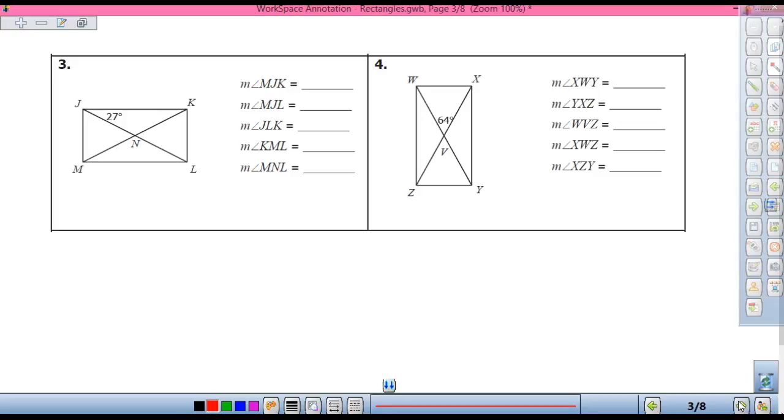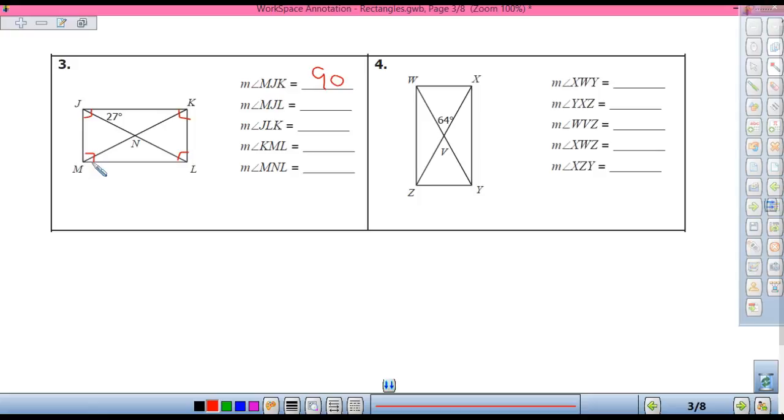MJK. 90 degrees. Okay, remember all of these guys are 90-degree angles. This is not a rectangle.